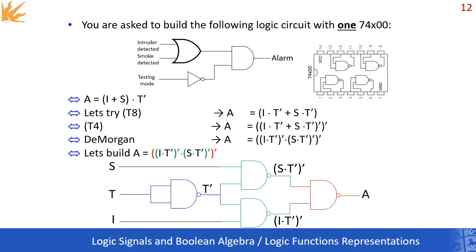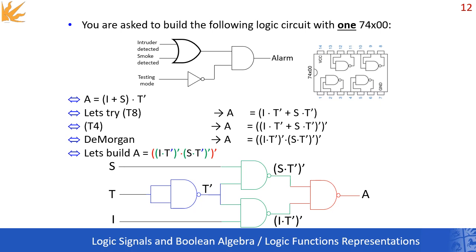Now, in order to end up in this, my advice to you is to start from the external parenthesis. So this is the whole result A, and it is inverted, so you put a NAND gate over here. Now, what are the inputs of the red NAND gate? Well, whatever you got in the green parenthesis.